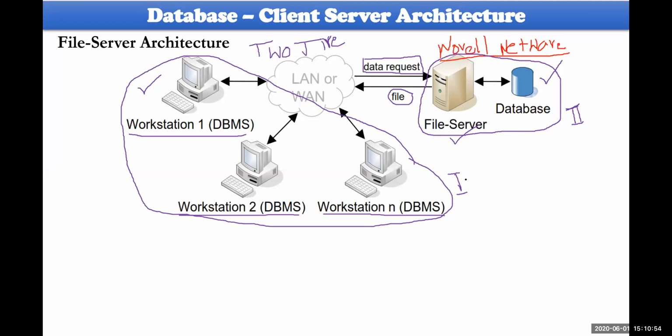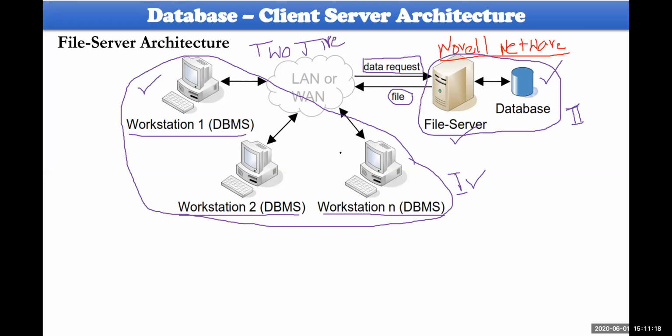The area which is not supposed to be accessed by the end users, where there are many professionals, database analysts, database designers, database administrators, if those people access it, that is called tier number 2. So this is tier number 1.